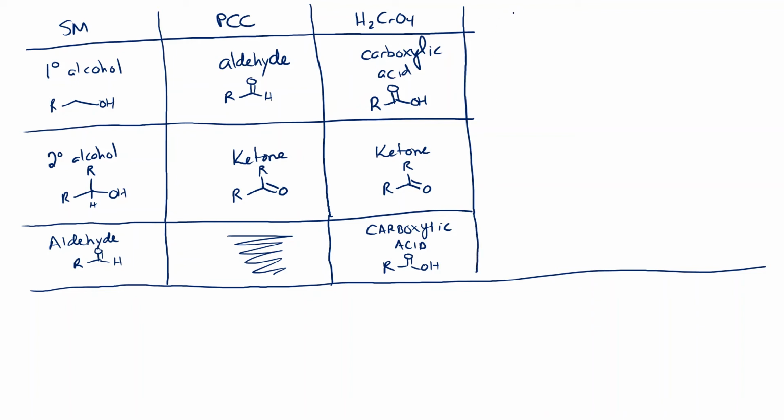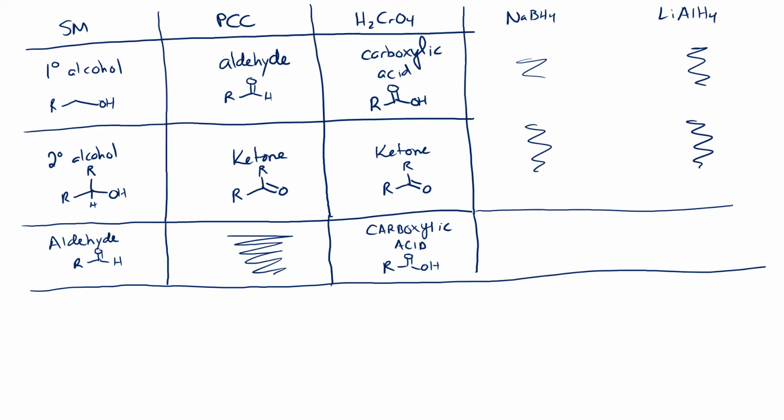Over here, we're going to put sodium borohydride, NaBH4, and lithium aluminum hydride, LiAlH4. Right. So these don't do anything to alcohols, right? We don't use these to react with alcohols, so this whole quadrant is just a nothing. Okay.